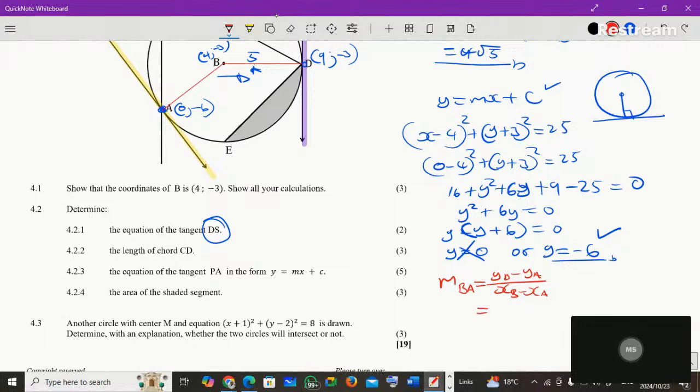That is negative 3 minus negative 6 over XB, which is 4, minus 0. Negative 3 minus negative 6 is going to be 3 plus 6, so it's going to be 3 over 4.